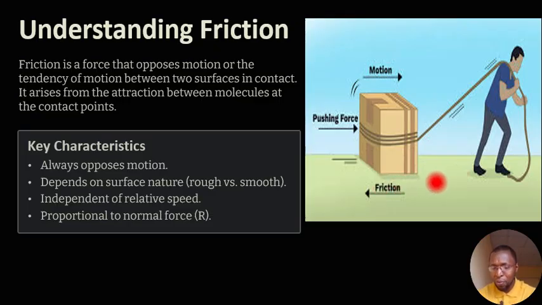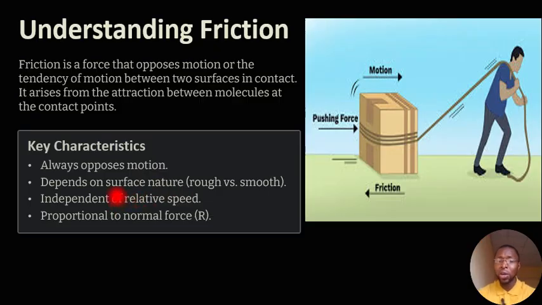But if this surface is smooth, it will need little force because the friction on the smooth surface is low. So friction depends on the nature of the surface. Number one, it opposes motion. Number two, it depends on the nature of the surface that it is acting on.